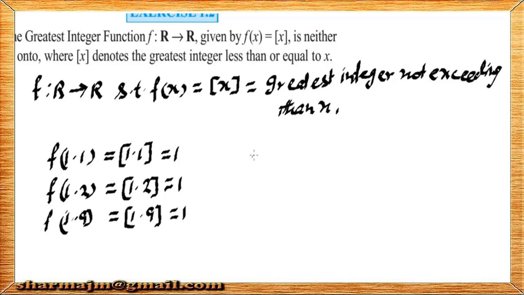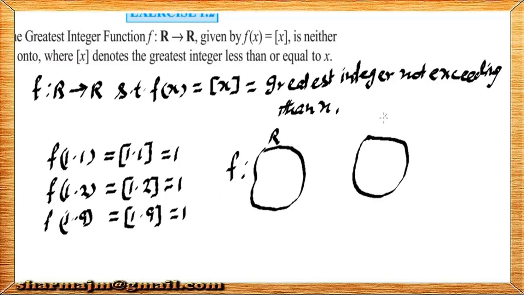So you see f is a function and the real line, that is set of real numbers, is the domain, and here codomain is also set of real numbers. Now here if you have 1.1, 1.2, 1.9, their images are not different.